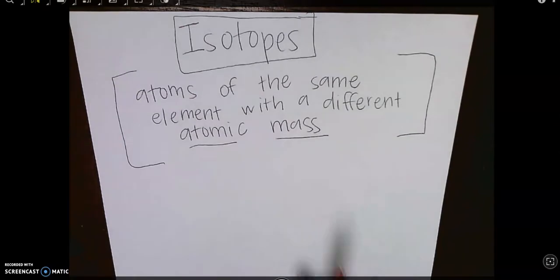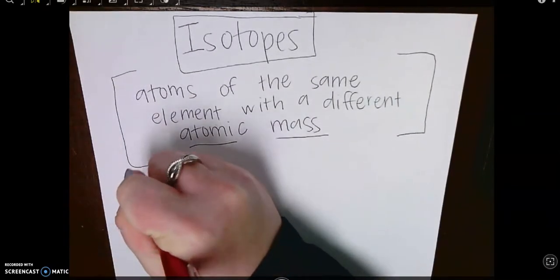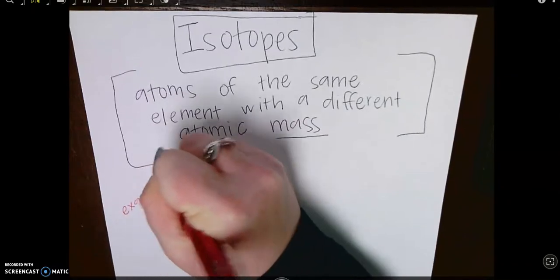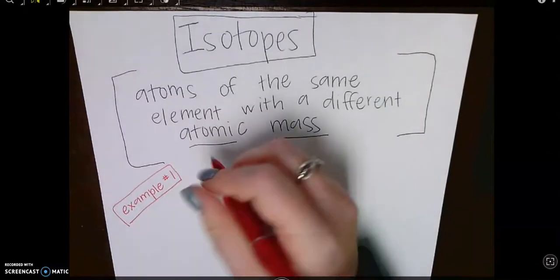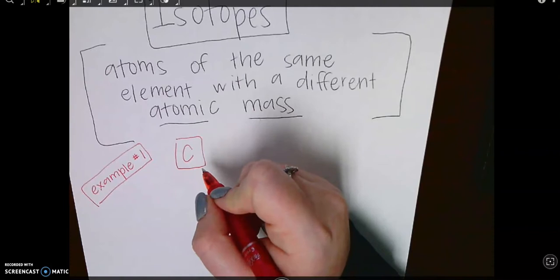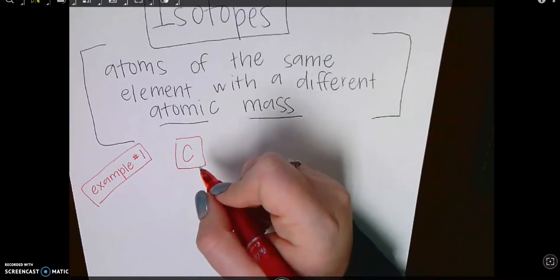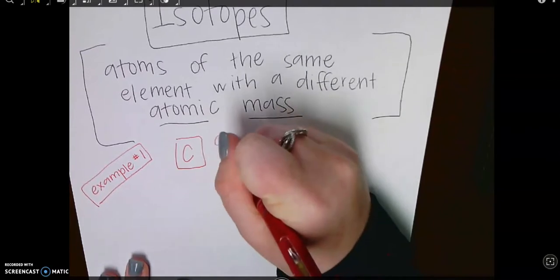So for our first example, I'm going to write example number 1 in the color red. For our first example, we're going to use carbon. So carbon typically has a mass of 12 if you round down to our closest whole number. So I'm going to write that out for myself.